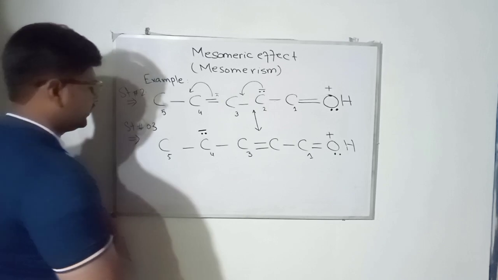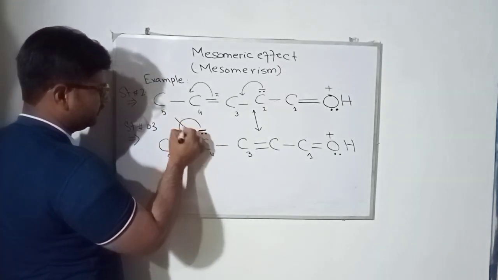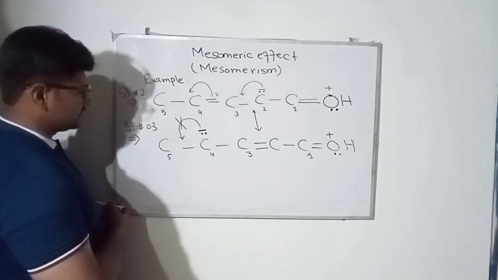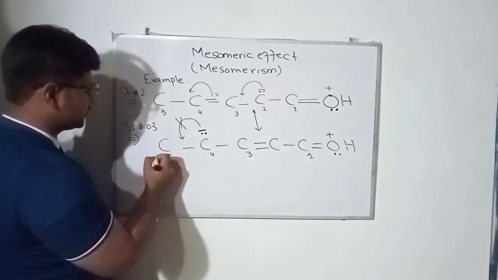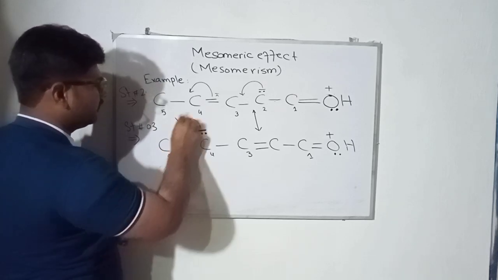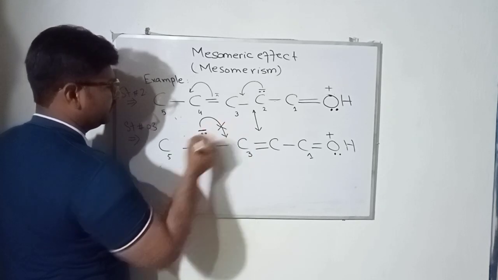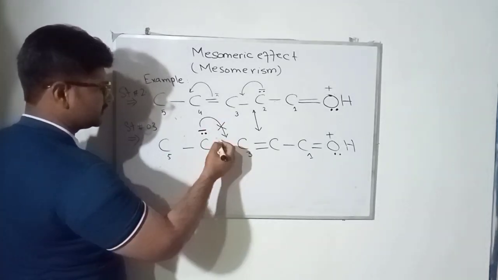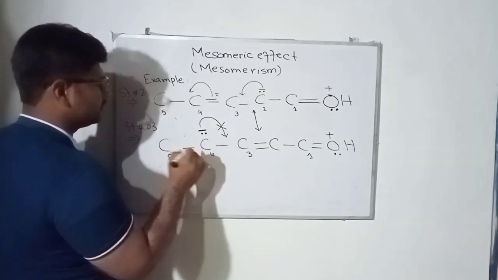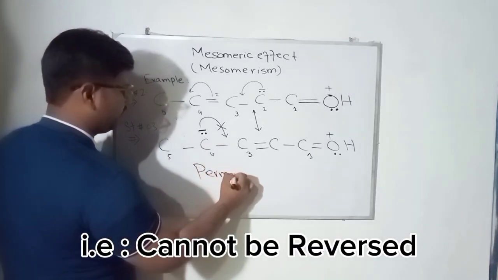Now the question is why this electron will not jump further, and the answer is quite simple, because it does not contain further pi electrons, plus it cannot jump backward. And the answer is simple, because the effect of mesomerism is actually a permanent effect.